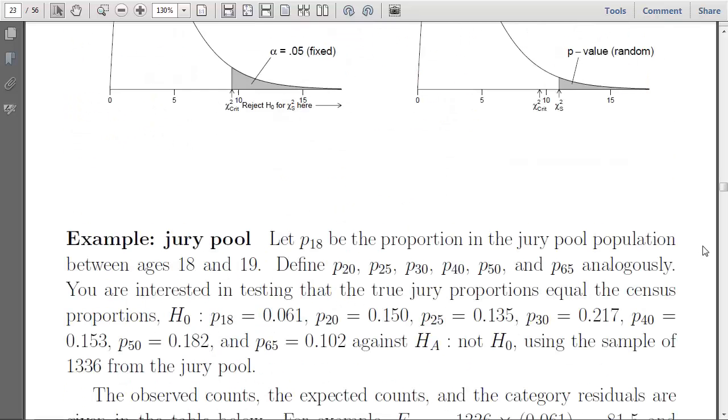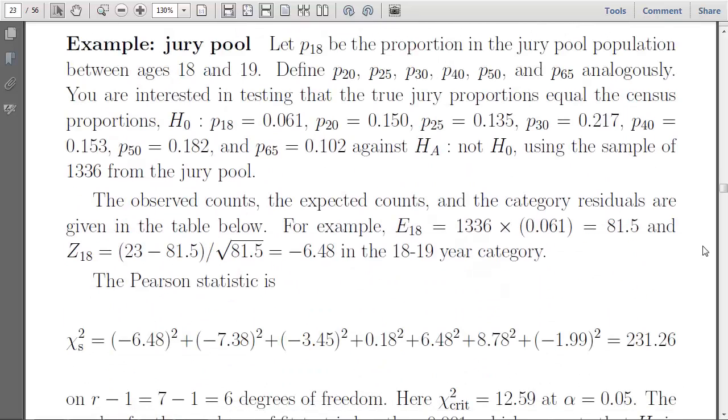We'll return to the jury pool example, and I'm going to call the population proportions for those categories based on the lower age. So for example, P18 is going to be the proportion for the first group, which is ages 18 to 19. P20 will be for the 20-year-olds.